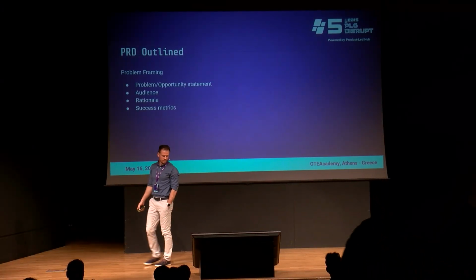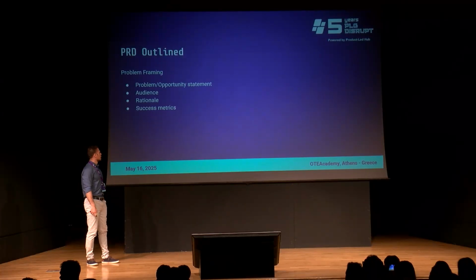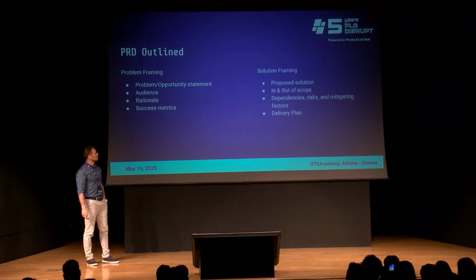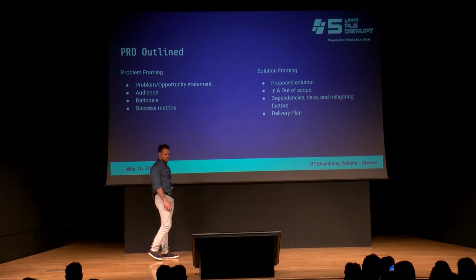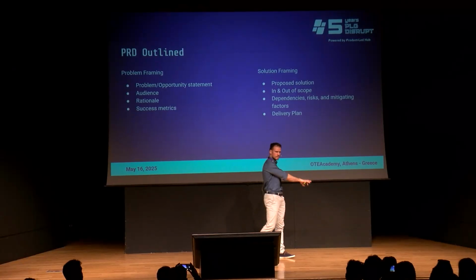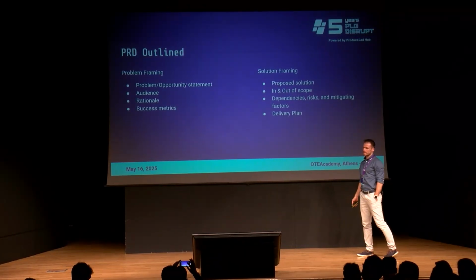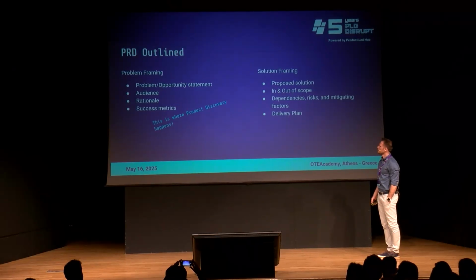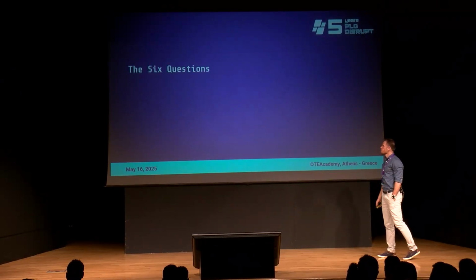So a PRD might have the problem framing, which is a problem opportunity statement, audience, rationale, success metrics, and then we have the solution framing. Proposed solutions, in and out of scope, what it should include. This button, not the other button. This screen, not the other screen. Okay, and we have dependencies, risks, and the delivery plan. This is where product discovery happens.